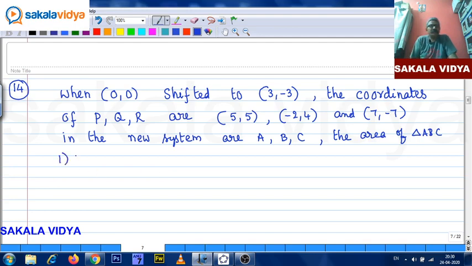First option 43, second option 23, third option is 45, fourth option is 50.